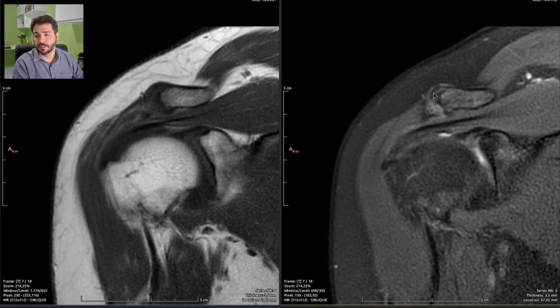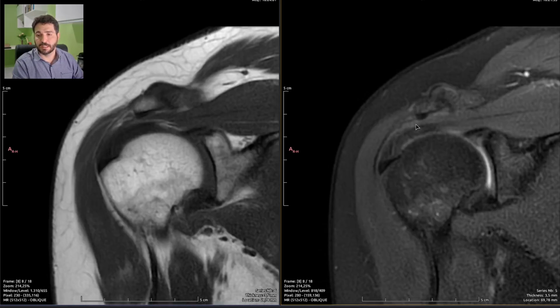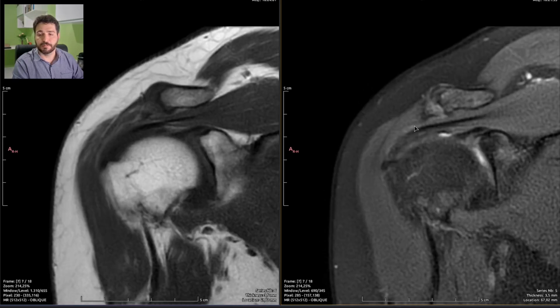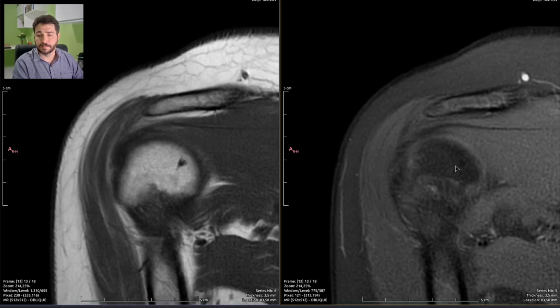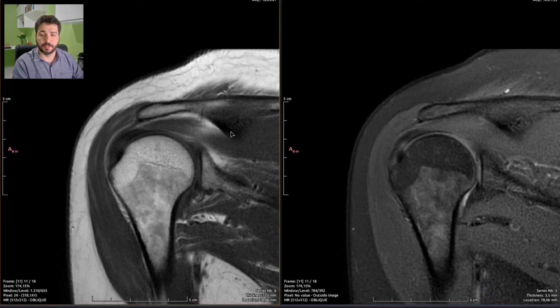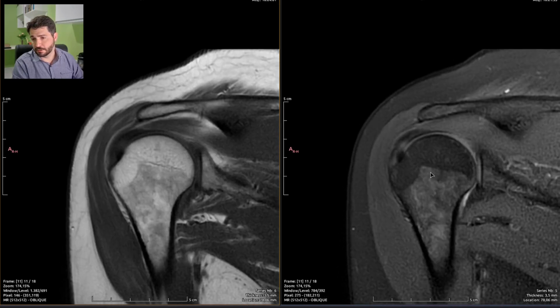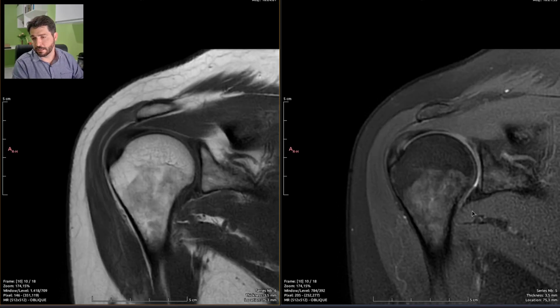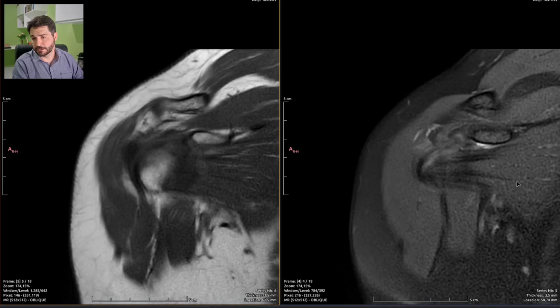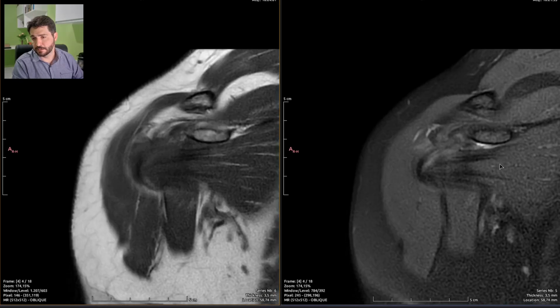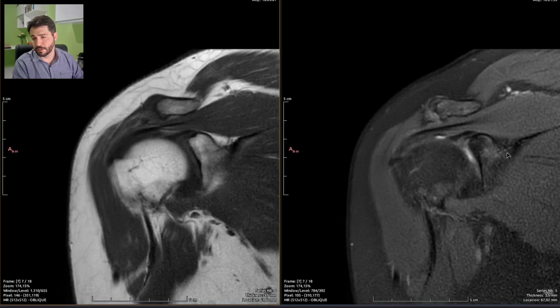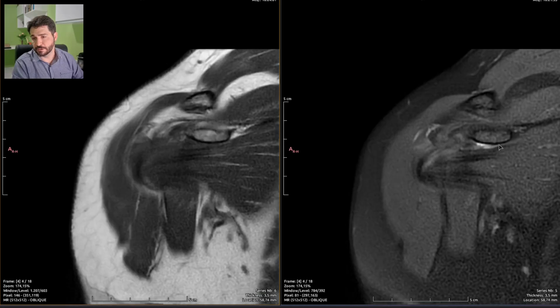So there is arthrosis and some kind of synovitis, which is very, very common on this particular joint, the acromioclavicular joint. So there might be some really tiny effusion here. I'm not going to be much positive on that. Also, the infraacromial bursa is slightly distended.